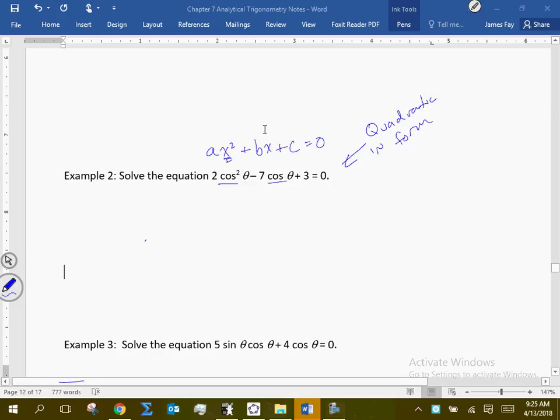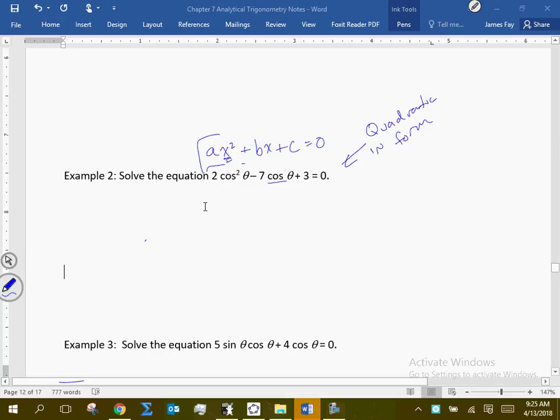Okay. So when I see that, I'm more comfortable factoring something like this, and I think a lot of you are probably more comfortable factoring that than you are factoring something like that. So let's make this 2 cosine squared theta minus 7 cosine theta plus 3 equals 0. Let's make that look more like this.